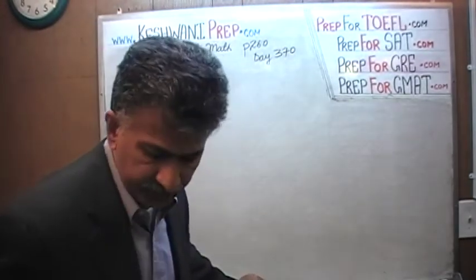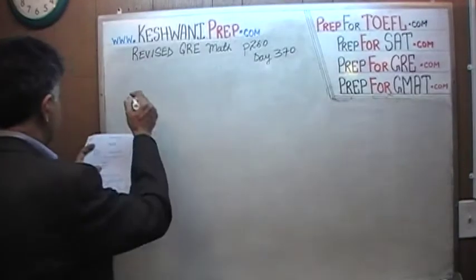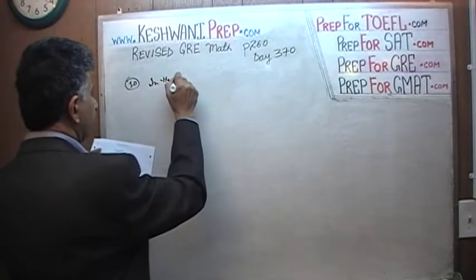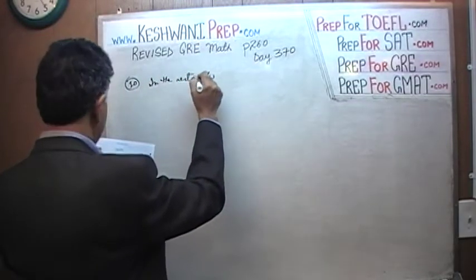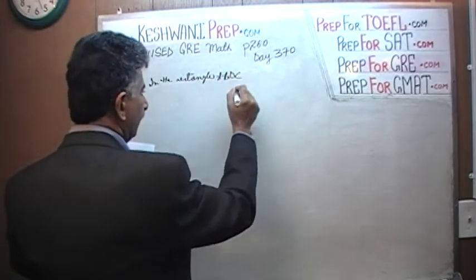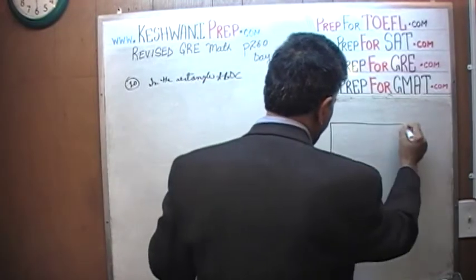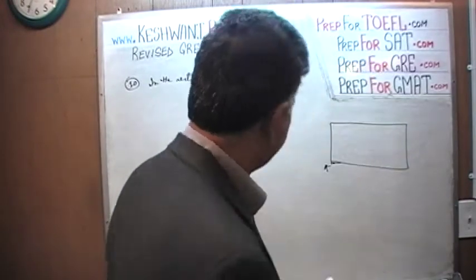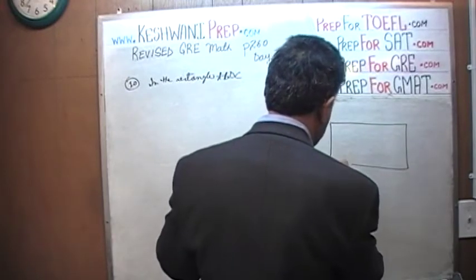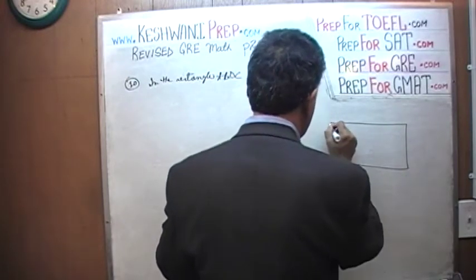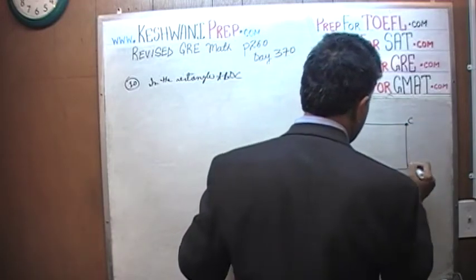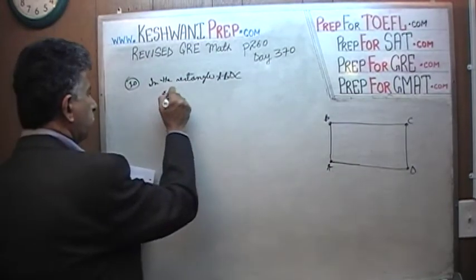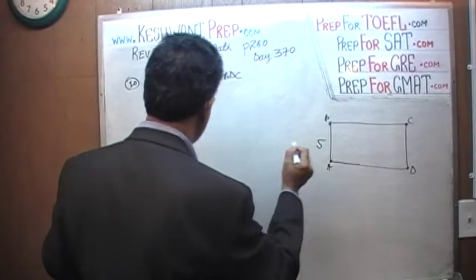The very last problem on the page, problem number 10. We are told that in the rectangle ABCD, A, B, C, D, we are told that A to B is 5.